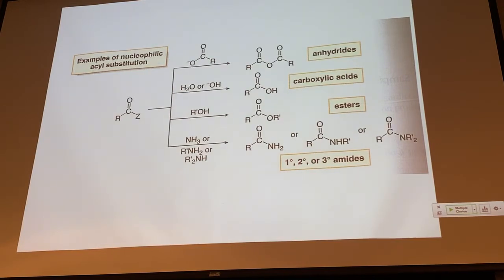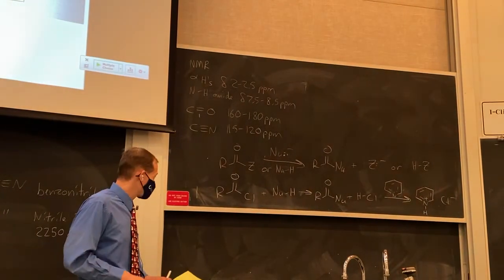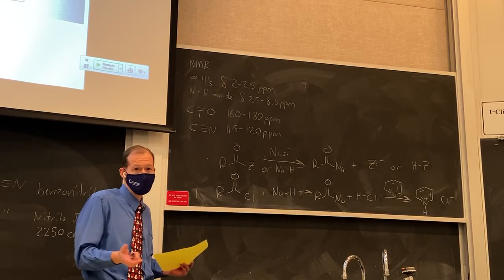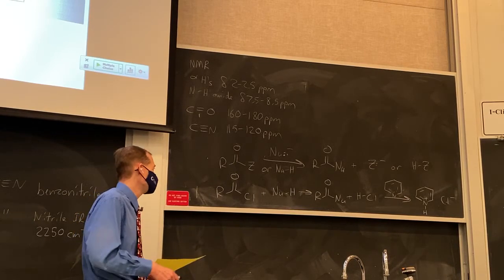Okay? But we're going to start out by looking at the reactions of acid chlorides. So I've written it generally here on the board. We're going to react an acid chloride with a nucleophile. We're going to displace the chloride because the chloride is going to be a better leaving group than any of the nucleophiles we're using.